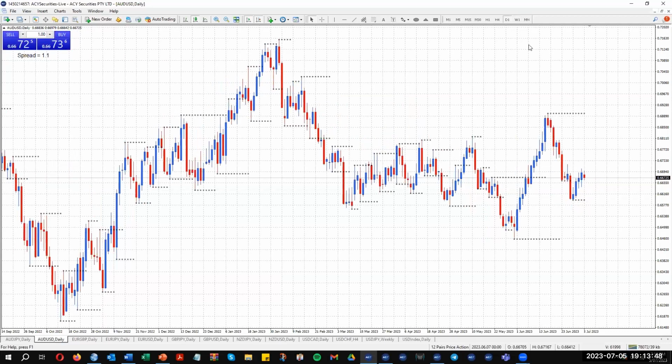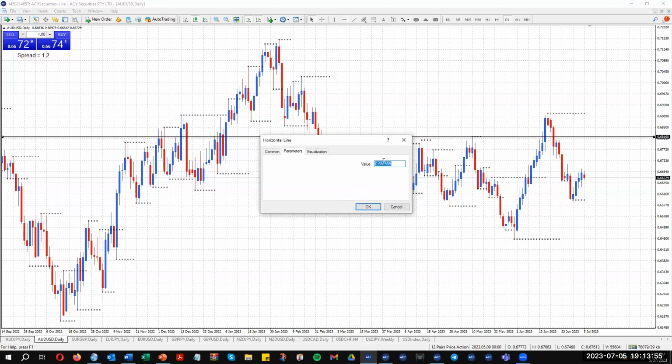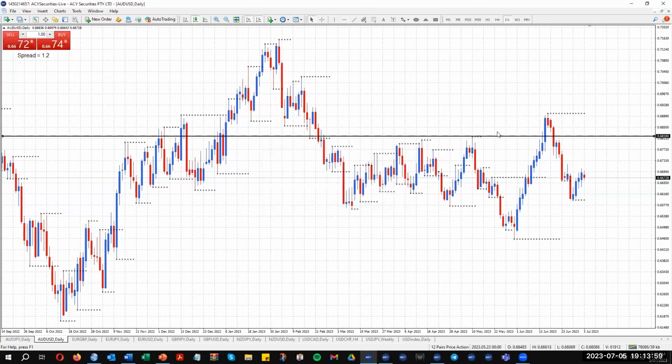So daily, we false broke this weekly top, 68.18. And 68.05, which is daily resistance there, okay?